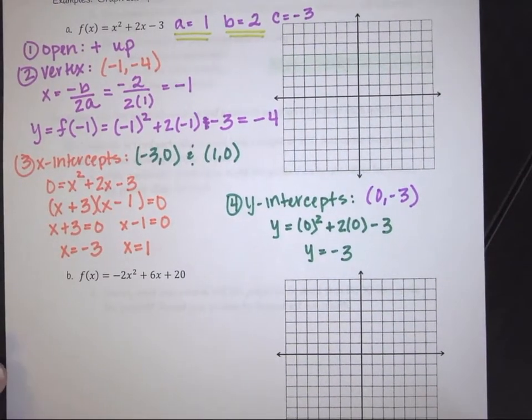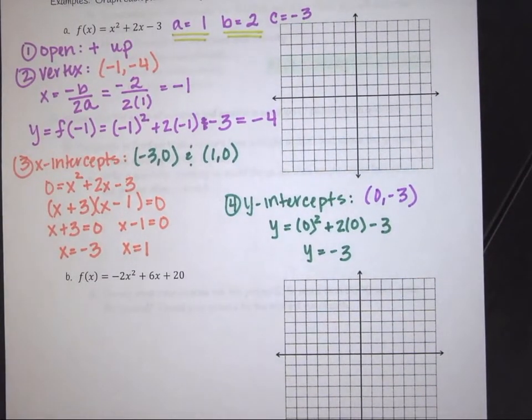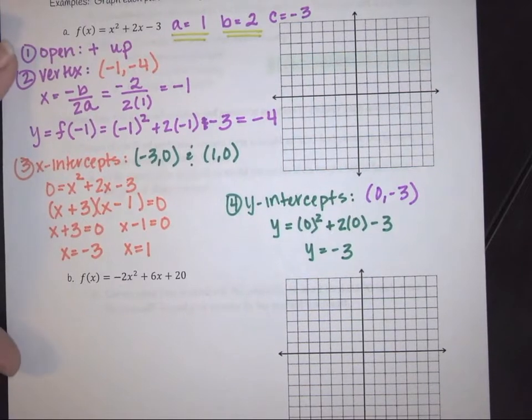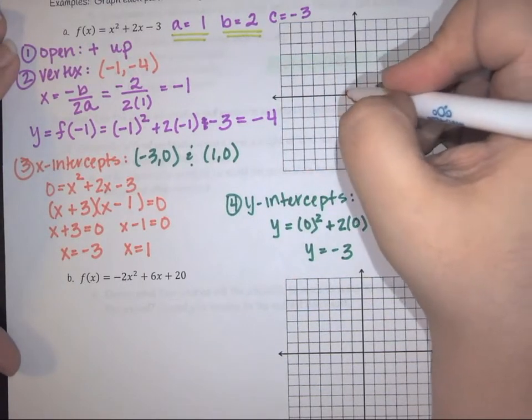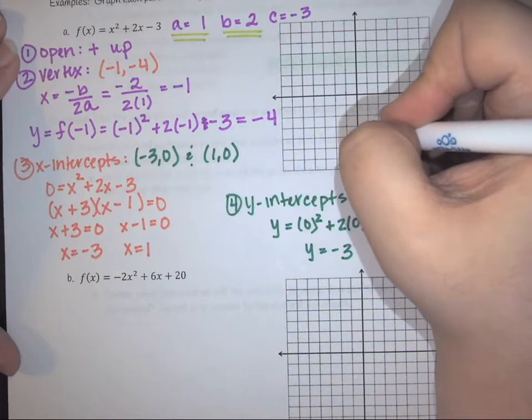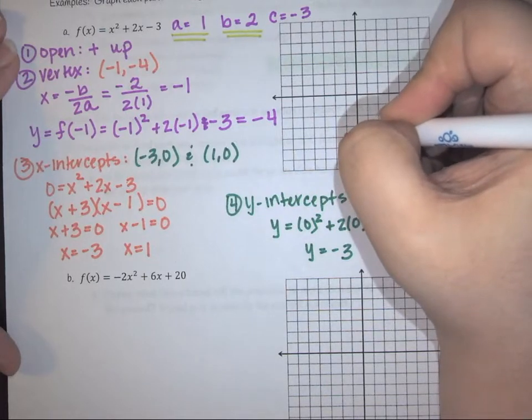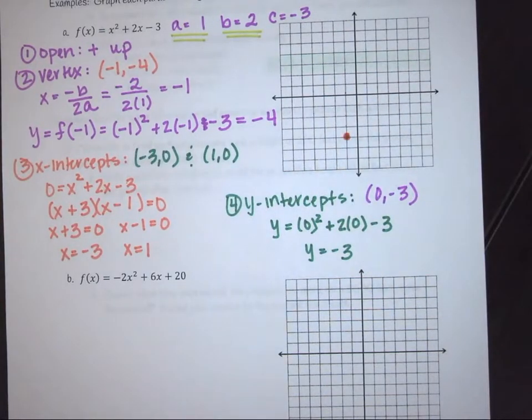So we need to go ahead and graph the points that we have. First we can start with your vertex point. That's at the point negative 1, negative 4. So I'm going to go over 1, down 4. 1, 2, 3, 4. So that point is right here. And then I have the x-intercept points.